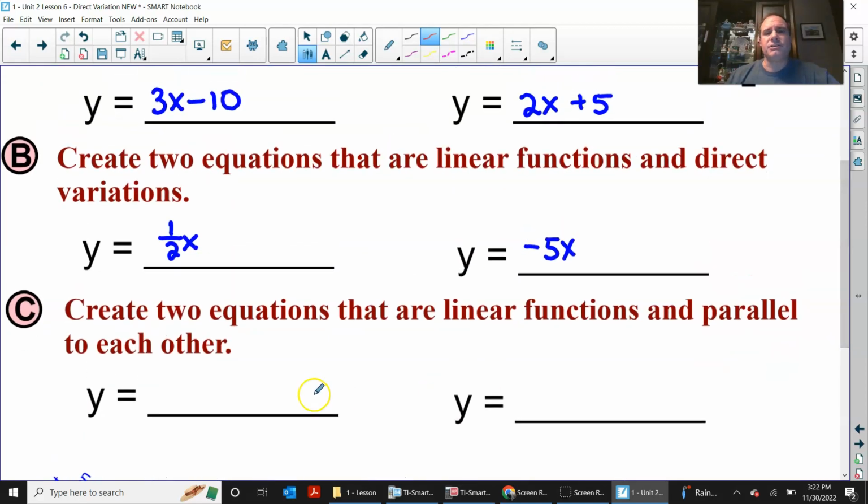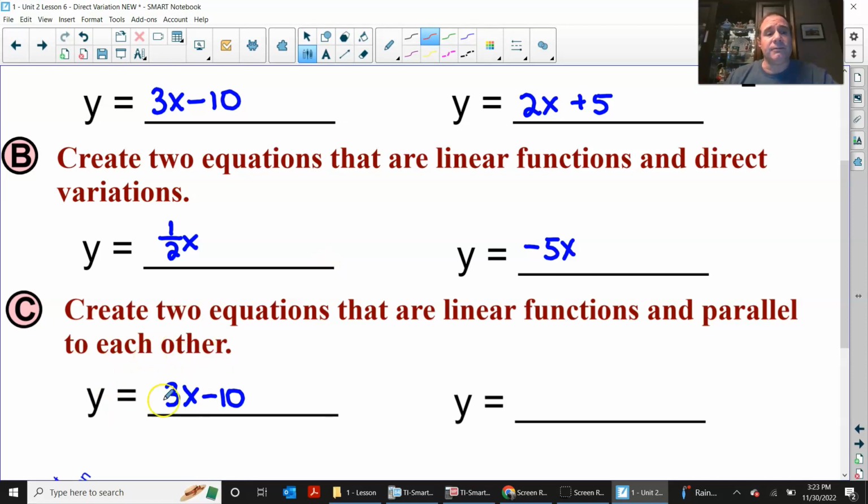Create two equations that are linear functions and parallel to each other. So I'm going to use that first one that I put down, y equals 3x minus 10. So it has to be parallel. Remember, parallel lines have the same slope and different y-intercept.